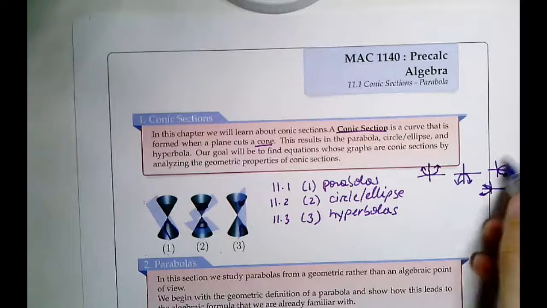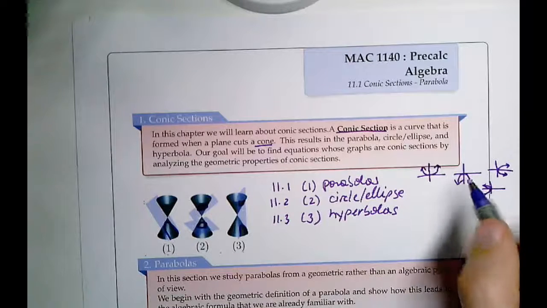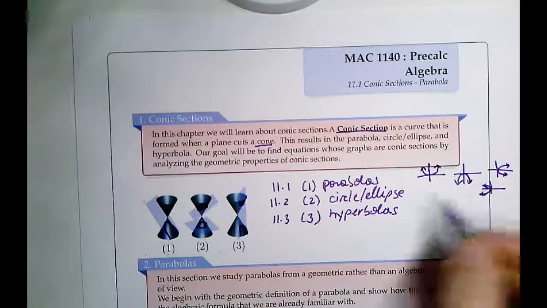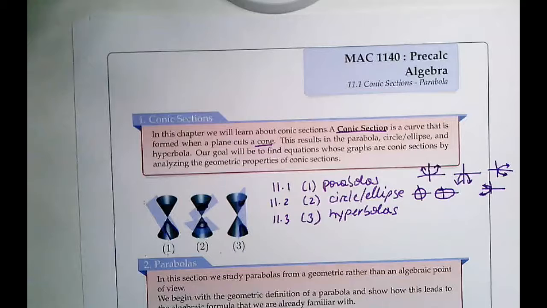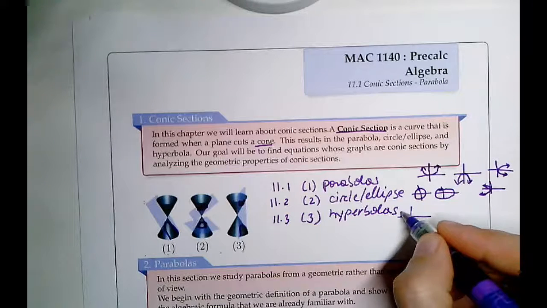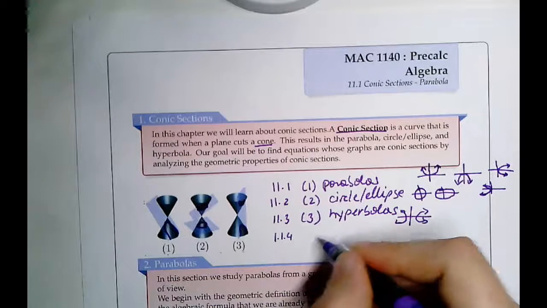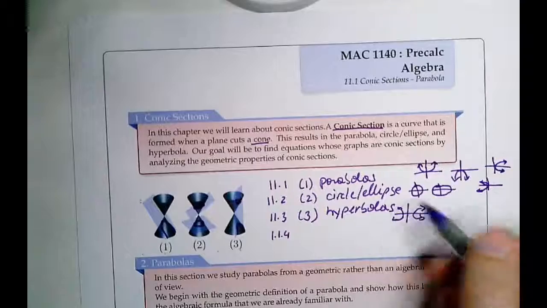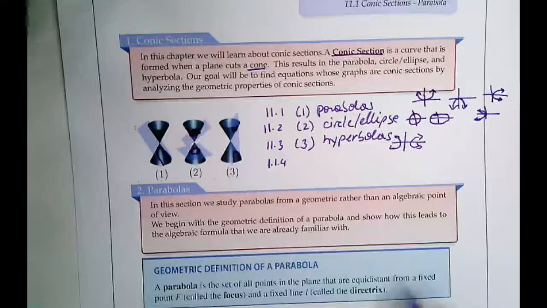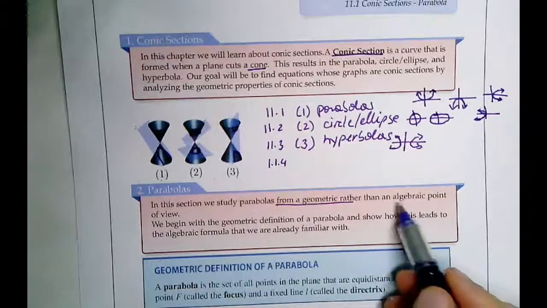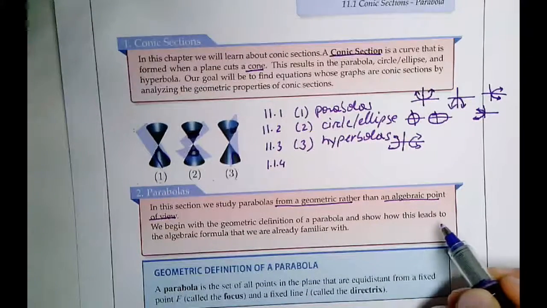Then we have circles and ellipses, and hyperbolas are going to be like this. And in 11.4, we're going to do shifted conics. So basically in 11.1, we're going to study parabolas from a geometric rather than algebraic point of view, and we're going to begin with a geometric definition of a parabola.